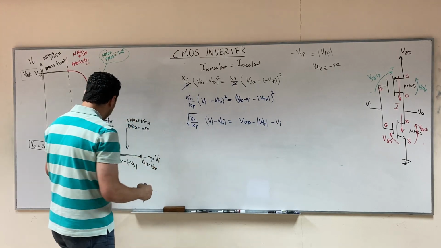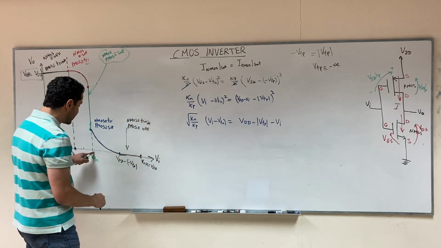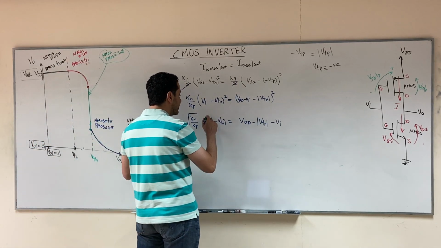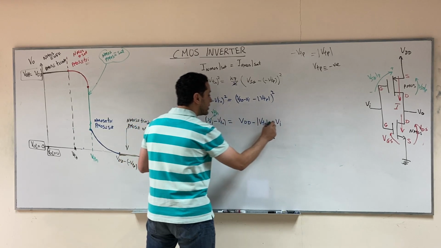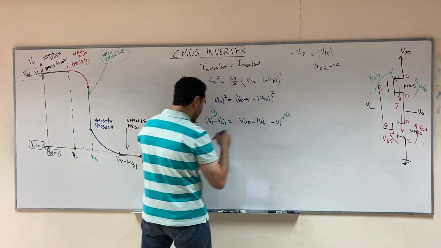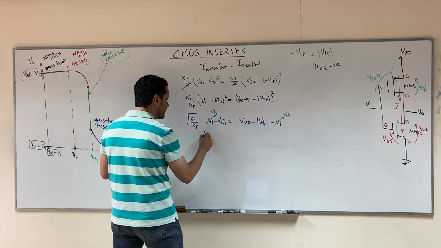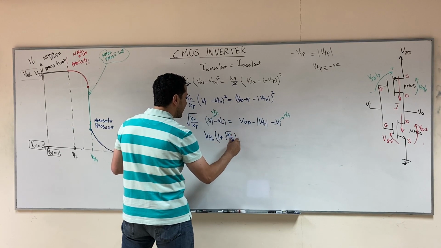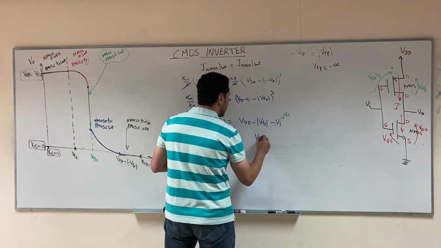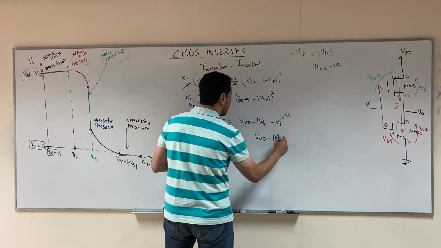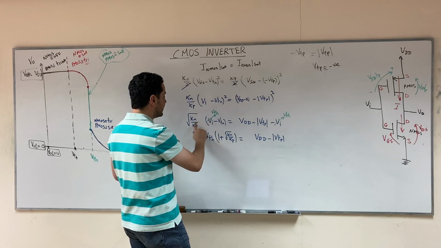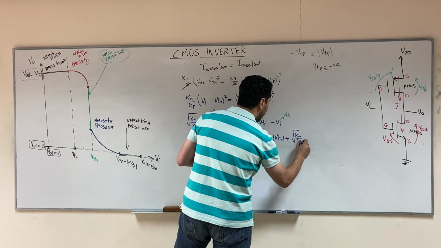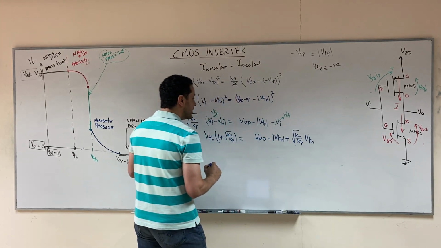Let's now collect the terms that contain V input together. Why? Because this is what we want. We need to find what V input satisfies this relation. V input that satisfies this relation is VTH, actually. So let's collect this together on one side. We'll have VTH multiplied by (1 plus square root Kn over Kp) equals VDD minus magnitude VTP, and then we take the other term to the other side, plus square root Kn over Kp multiplied by VTN.